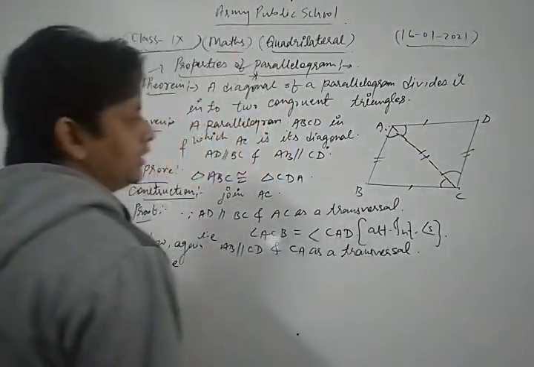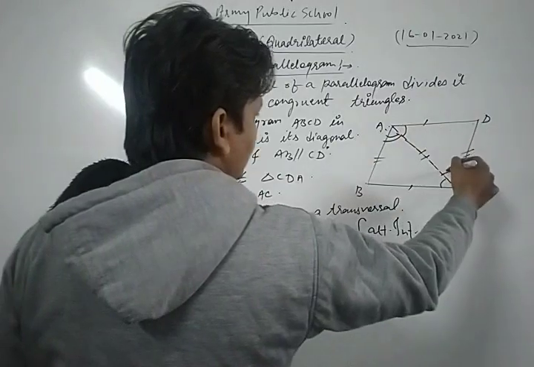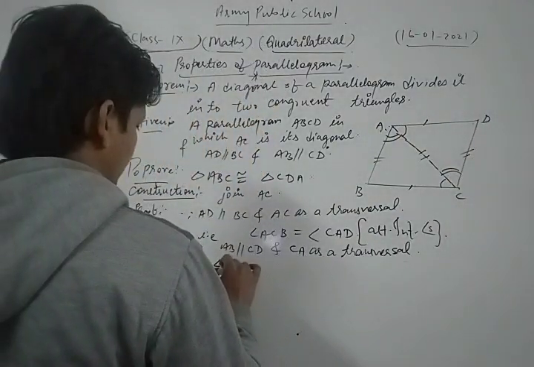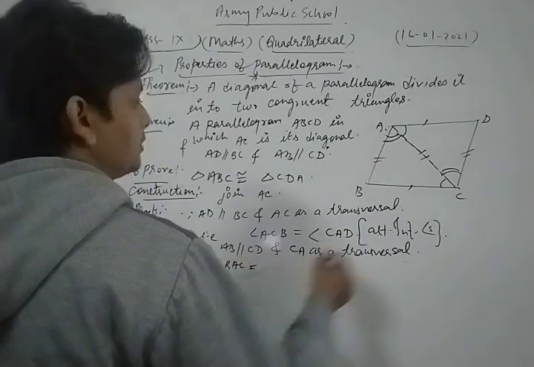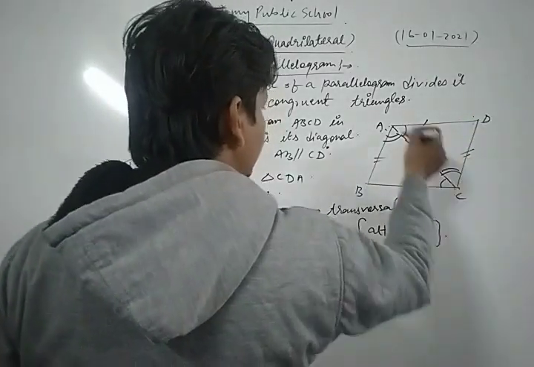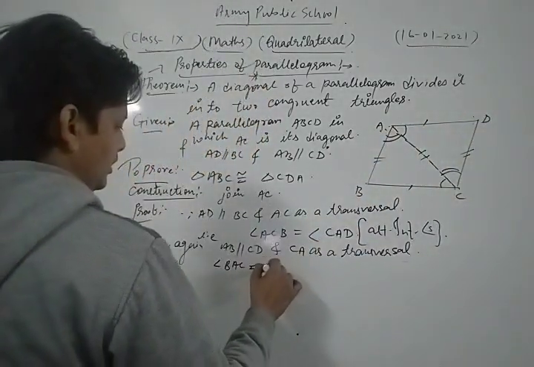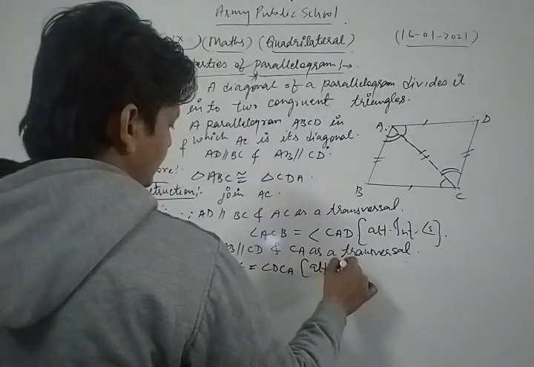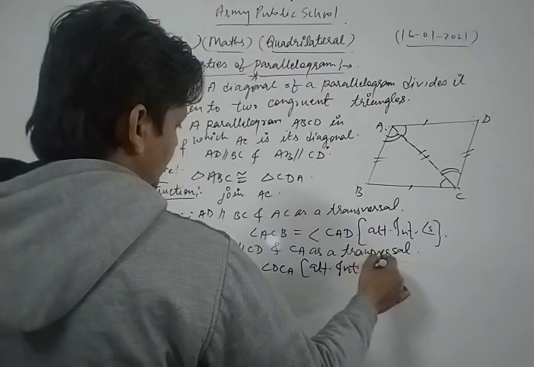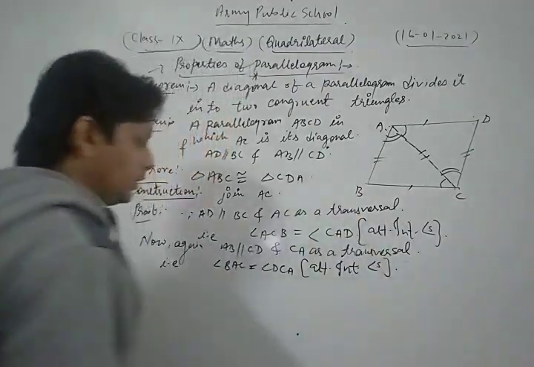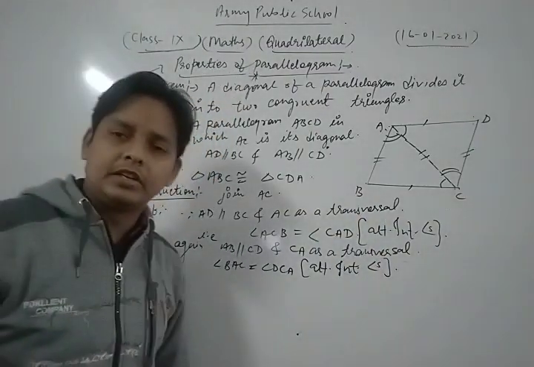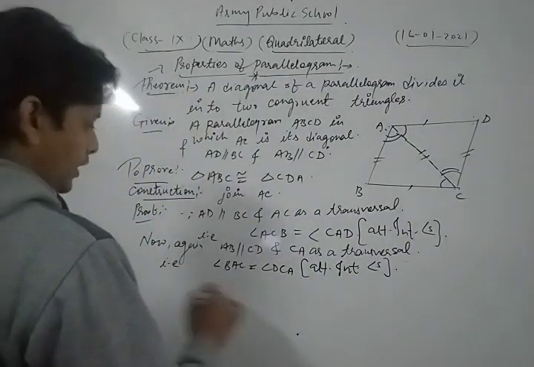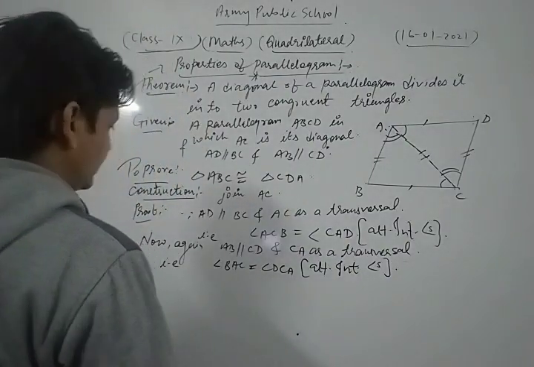This is also an alternate interior angle. Angle BAC is the same as angle DCA. These are also the alternate interior angles.